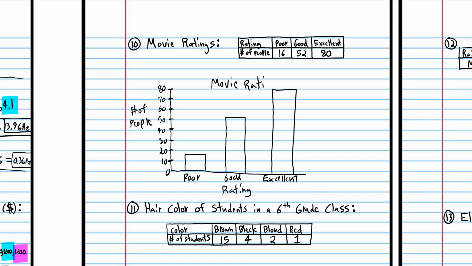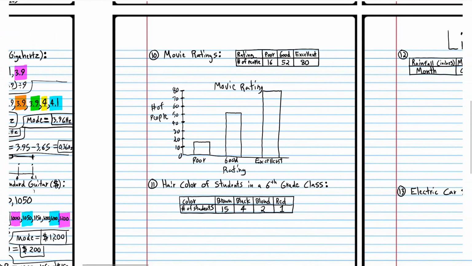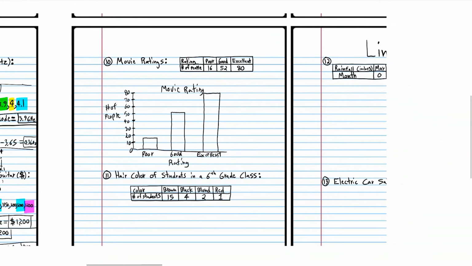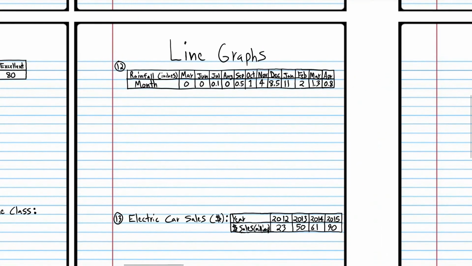If you didn't write a title, and if you didn't title your axes, you would get points taken off. So if you got that bar graph, good job. So again, those are bar graphs. They're used for categorical data, when each person is categorized into a particular column here. Now, one more type of graph that we're going to learn is line graphs.